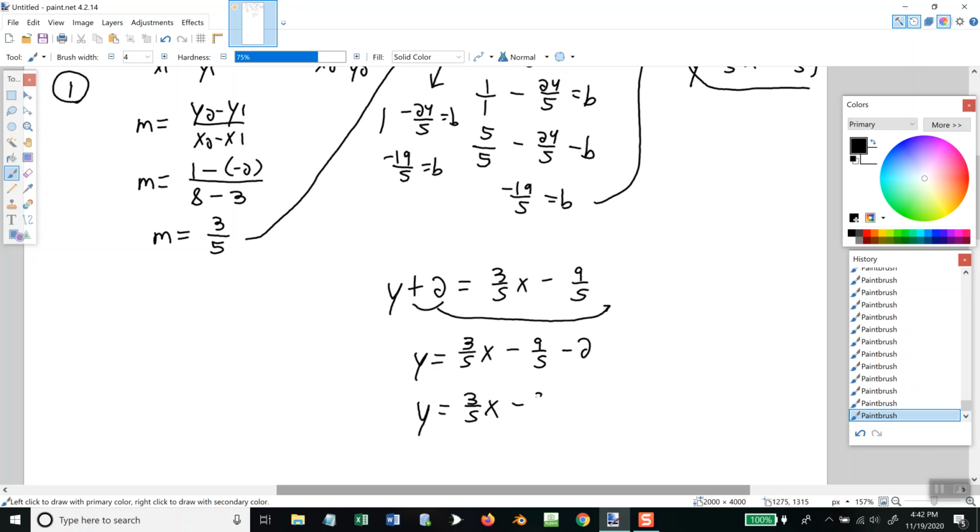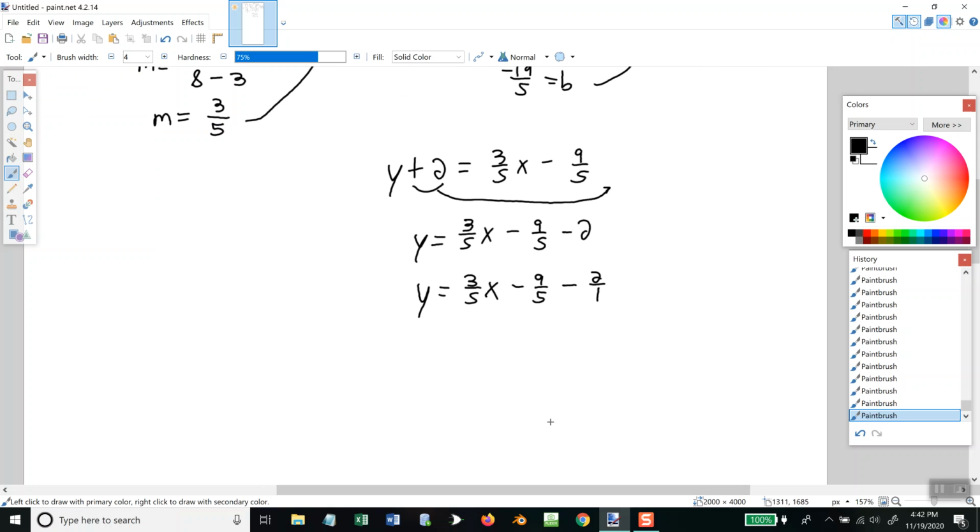I'll show getting the common denominator. In order to add or subtract fractions, they both have to be fractions. So I'll put it over 1. Common denominator, one easy way is to multiply two denominators together. 5 times 1 is 5. So we got y is equal to 3/5 x minus 5 here. Now this one already had a 5, so I'll leave it alone.